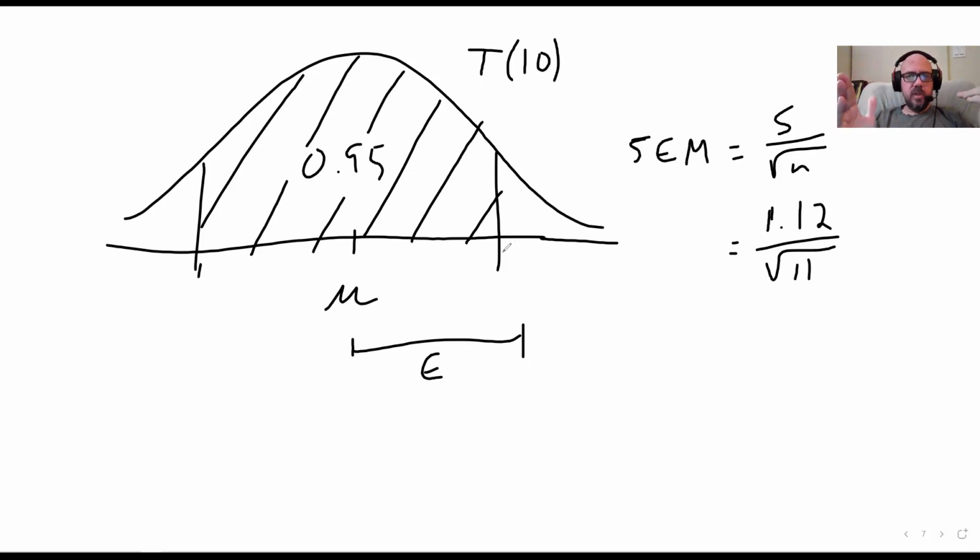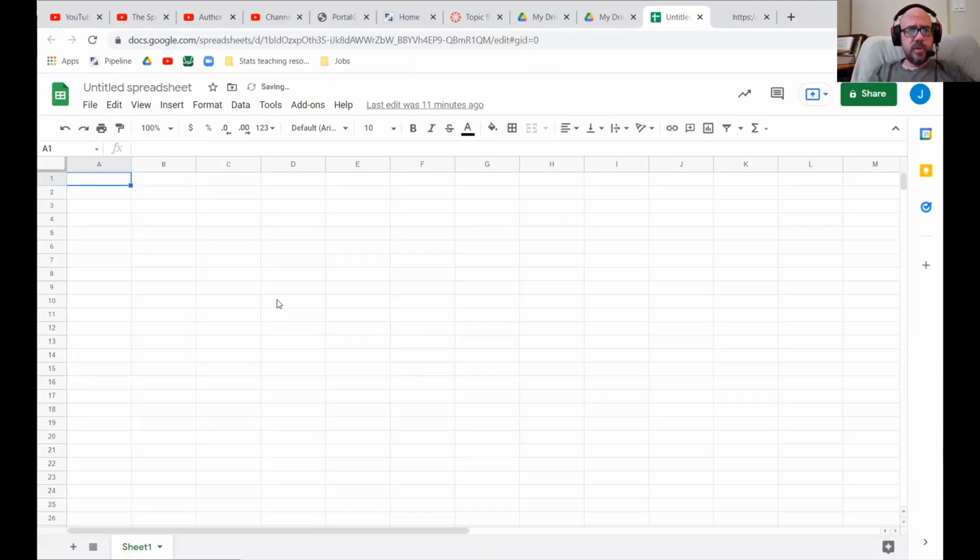So what I'm going to do is inverse T with 10 degrees of freedom to see how many standard errors we need to go in either direction. So I'm going to go back to the spreadsheet.